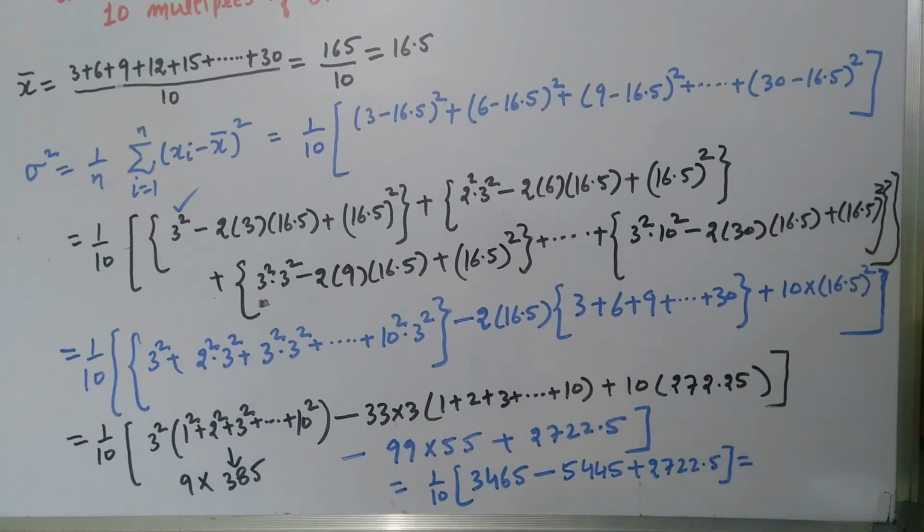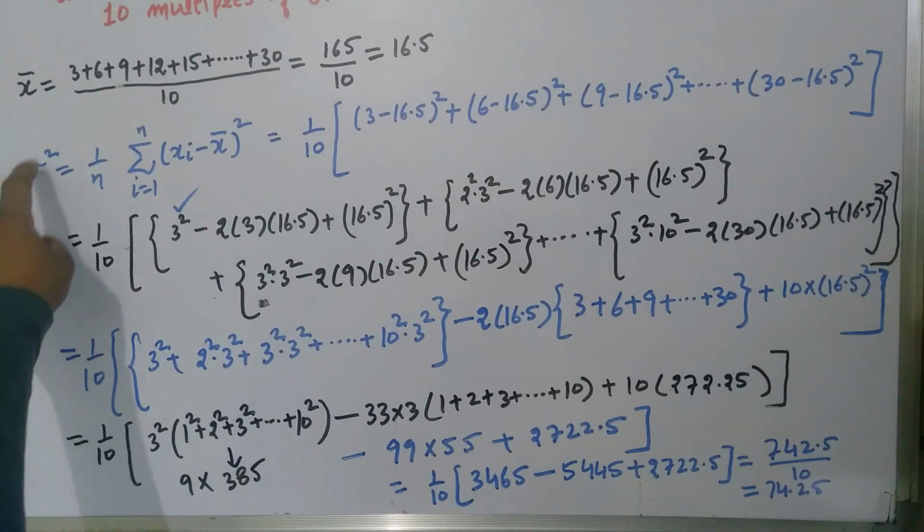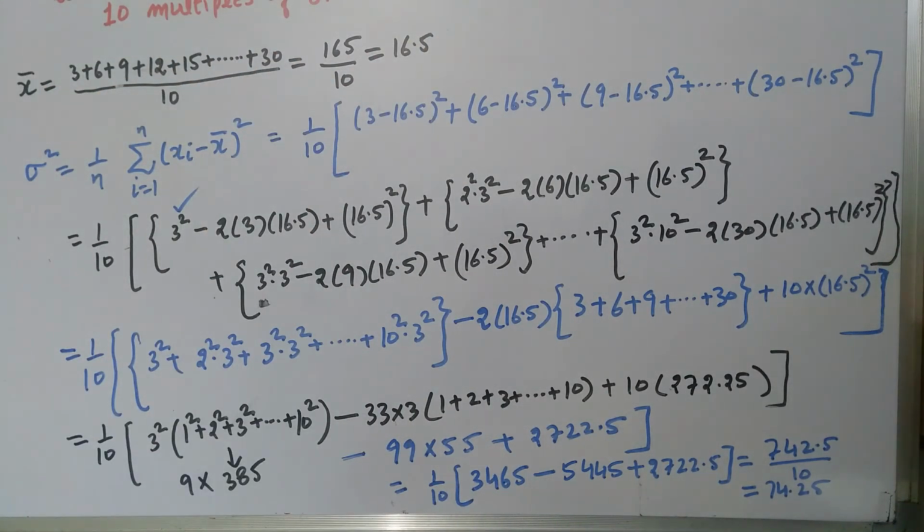So this is again equal to 742.5 divided by 10. So the final answer we have is 74.25. This is the variance of the first 10 multiples of 3.